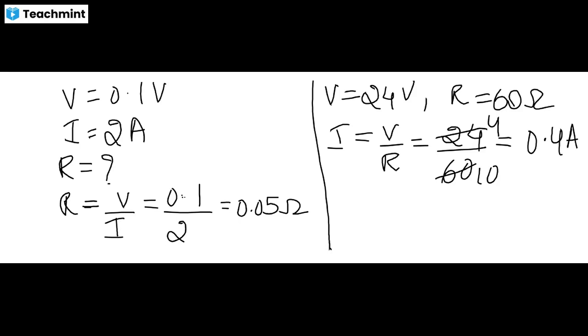Next question. An electric iron draws a current of 3.4 ampere from a 220 volt supply line.